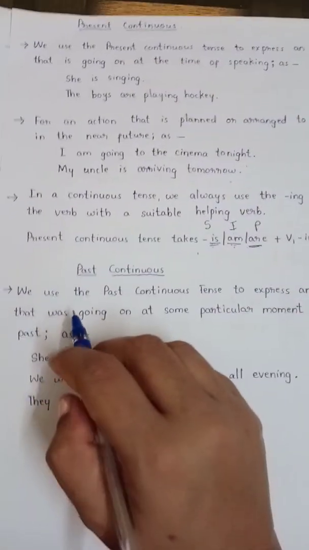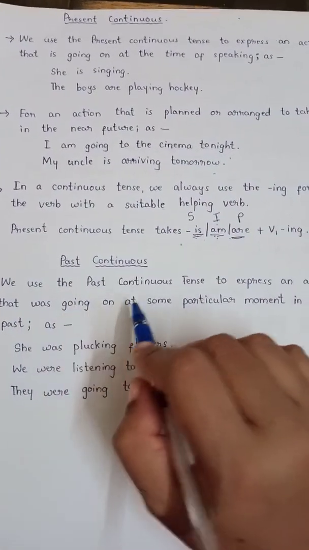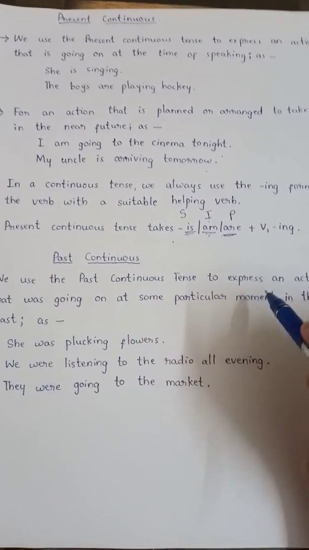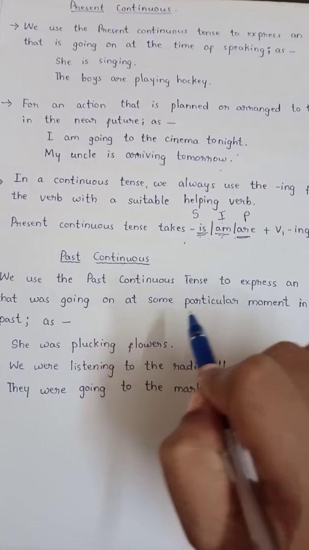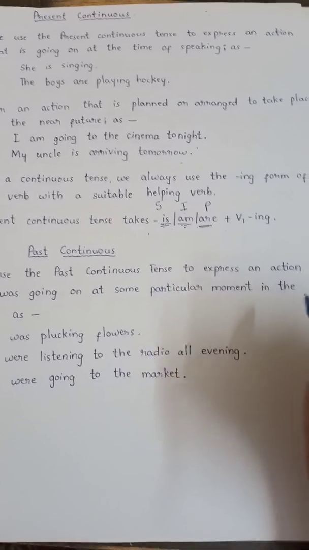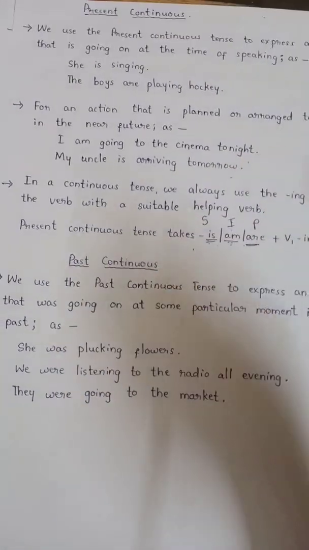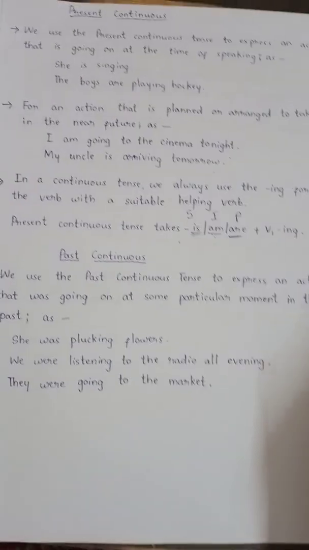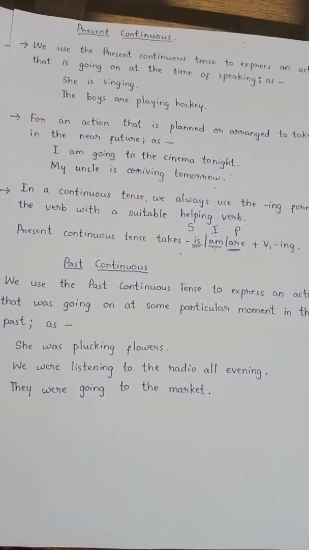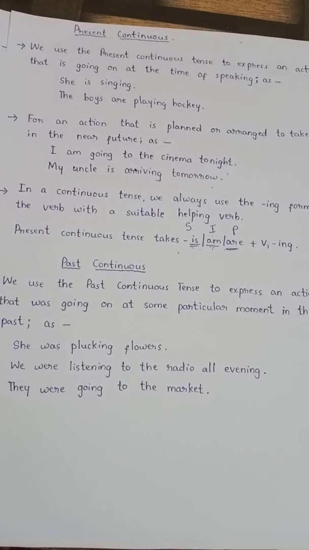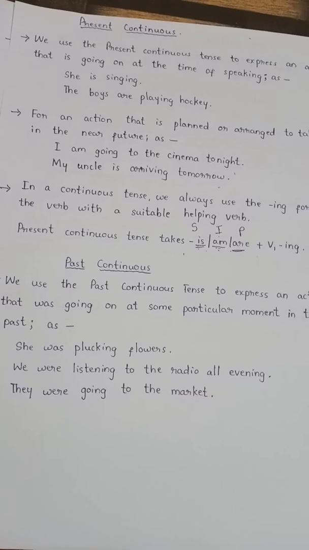Okay children, next past continuous. We use the past continuous tense to express an action that was going on at some particular moment in the past. So in the past, some particular moment back, that action was continuously going on.